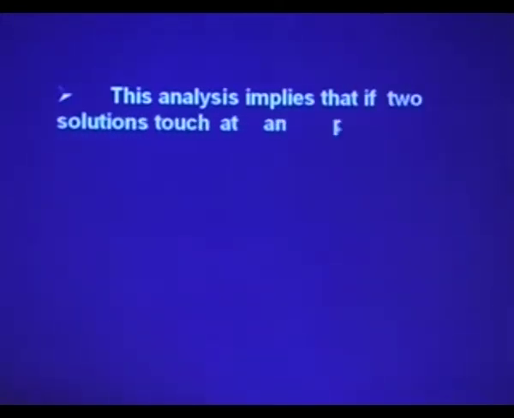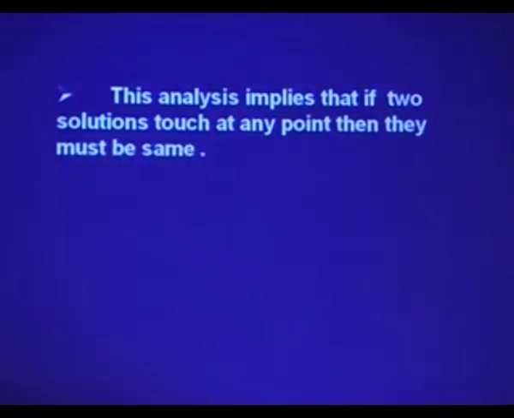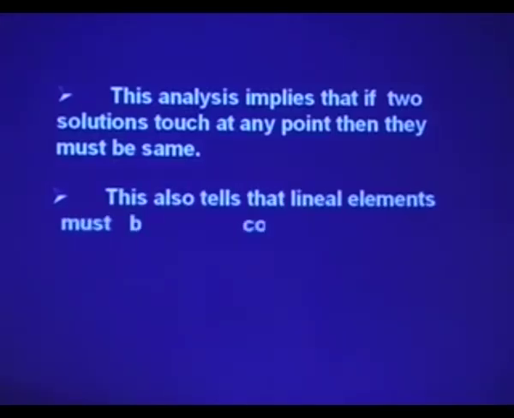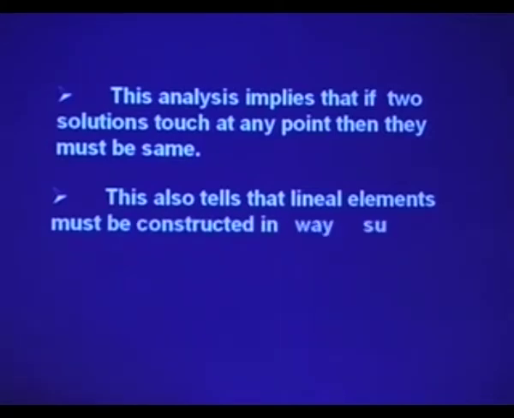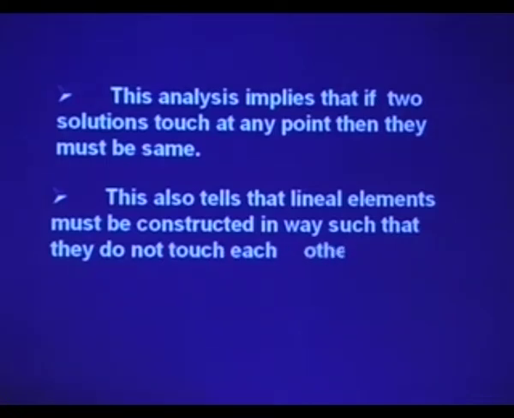The first thing we learned is that if two solutions touch at any point, then they must be the same. We also learned that when we have to find the solution by using this method, we have to draw the linear elements in such a manner that they should not touch each other. We want them to be dense enough in the given field, but we should construct them so that they do not touch each other.